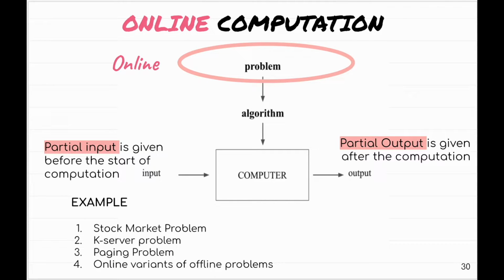Here are some examples of those problems. These are the stock market problem, the K-server problem, the paging problem, and of course there are online variants of well-known offline problems. For graph problems in general, we can imagine a graph that is built piece by piece, one vertex at a time.